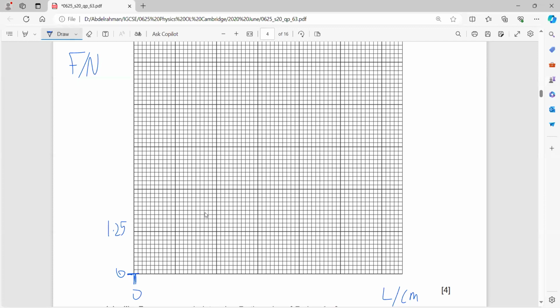Or no, 1.5, then 2, then 2.5. No, you can't do that either. That's wrong. You can't start from 1.5 and then go to 2.5.